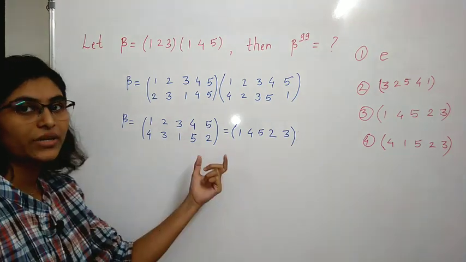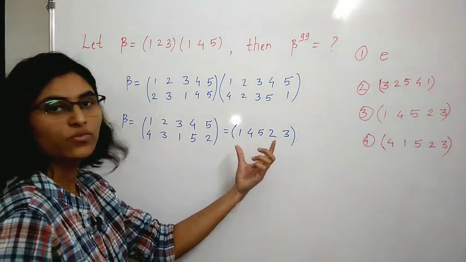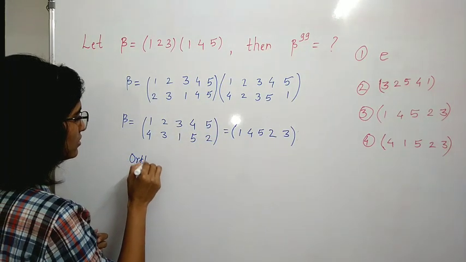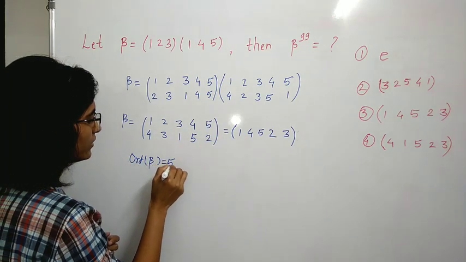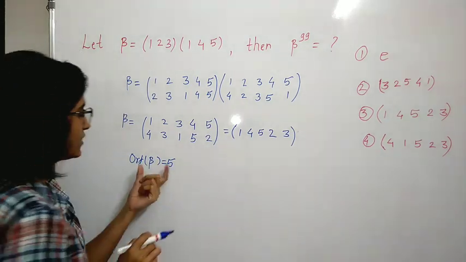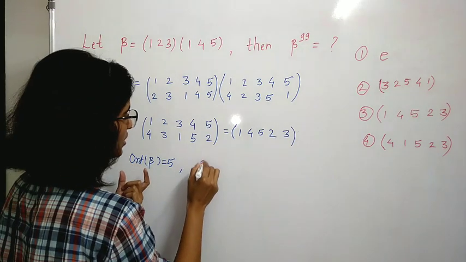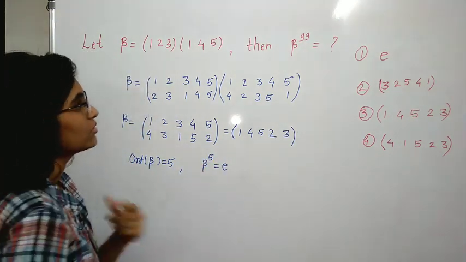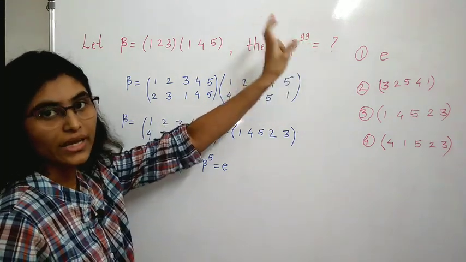So what is the order of beta? Beta is nothing but a 5-cycle, so the order of beta is equal to 5, the length of this cycle. What is the meaning of this? Beta raised to 5 is identity. Now we want this power to be 99.